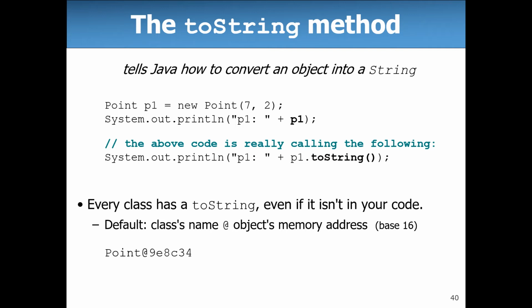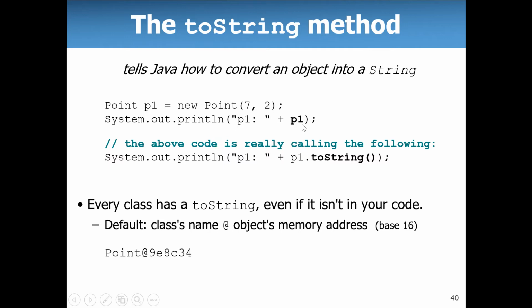My automatic way, if you don't tell me how to print out this object, is that I'm going to print it out by saying what its name is and its memory location, right? Every class has a toString, even if it's not your code. Even if you don't write a toString method, you're going to have one. It's automatically going to be generated, and it's going to say the class name at this location.